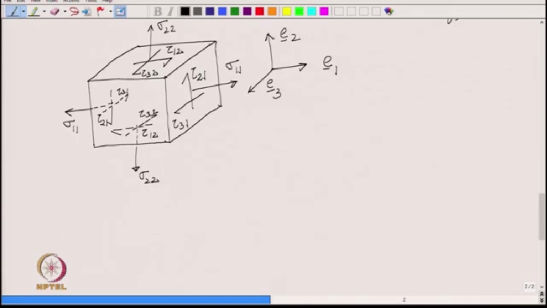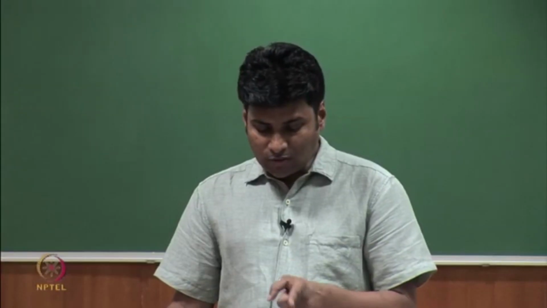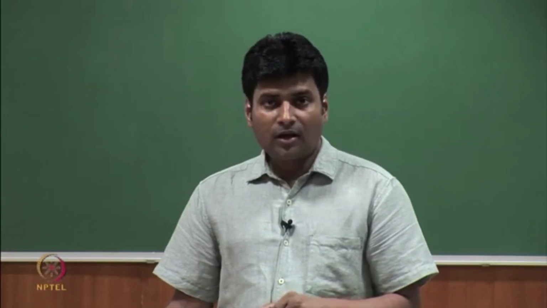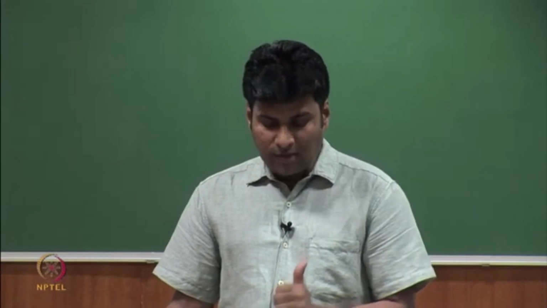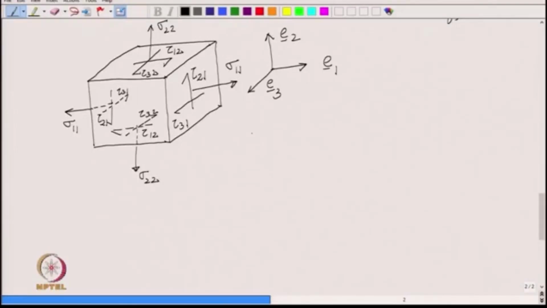Now, let us try to find out the moment due to these tractions about the E3 axis, passing through the centroid, or through the center of the cuboid.